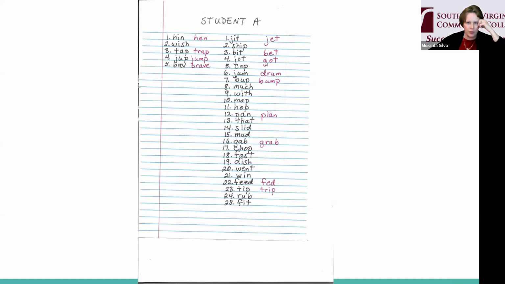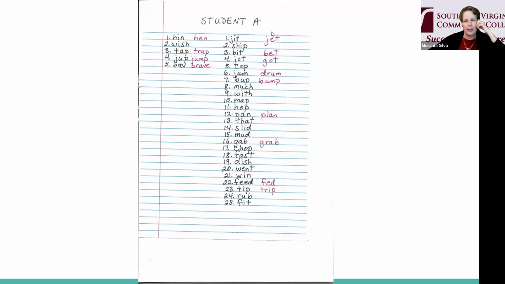Okay, J, G, they don't have that DR yet down. They don't have that ending blend of the MP here, or the blend in plan, or the blend in grab. Feed, fed, they just aren't real solid with their short vowels, long vowels, which we wouldn't expect at this stage. Again, a blend missing here.